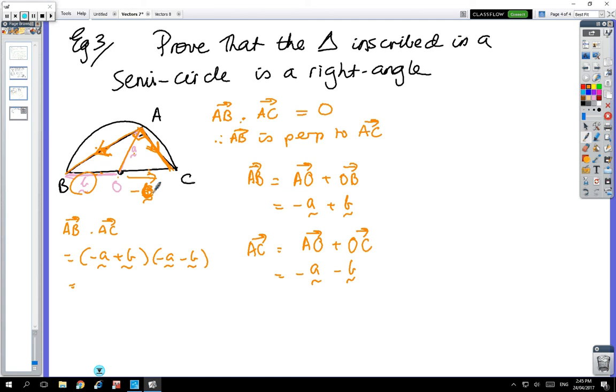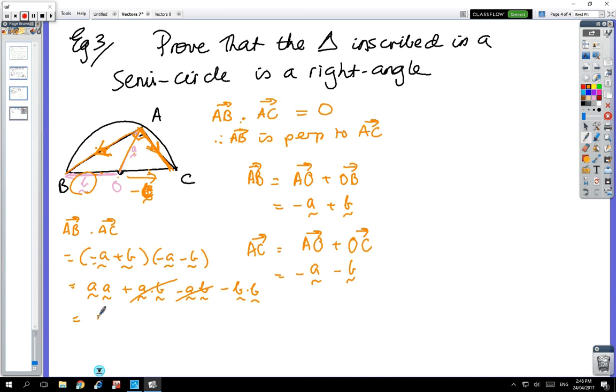So I've got a minus times a minus, so I've got A times A, minus A times B, then plus A times B, minus B times B. Those cancel out.